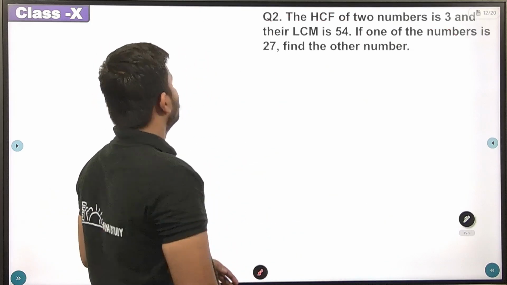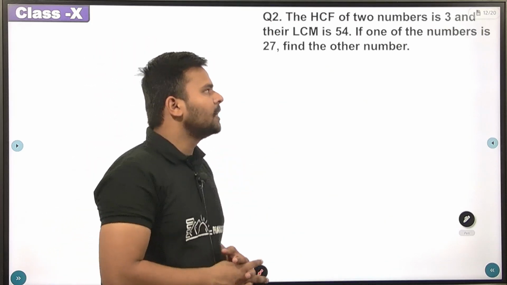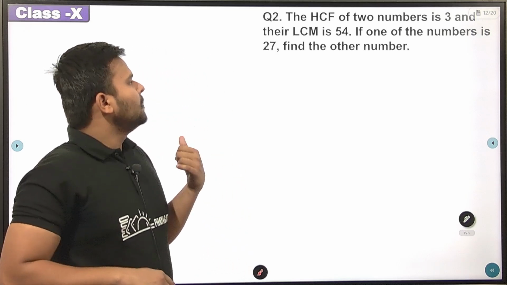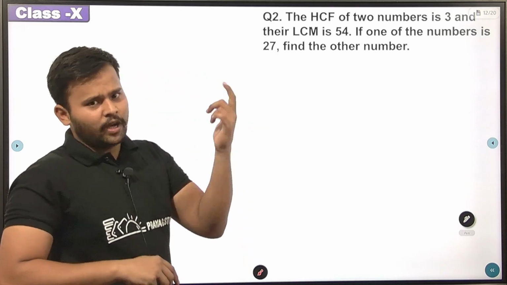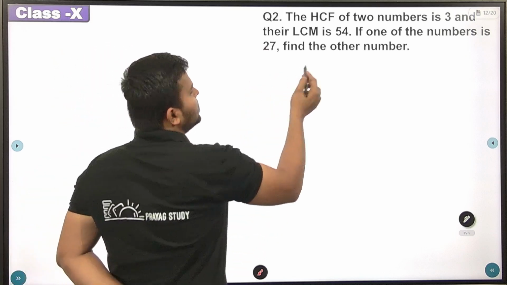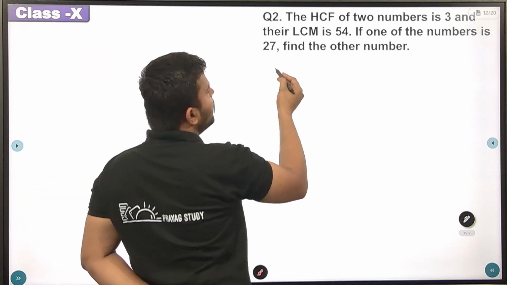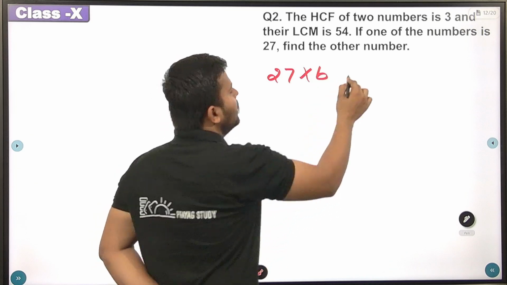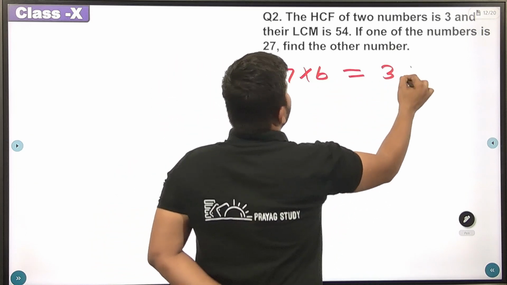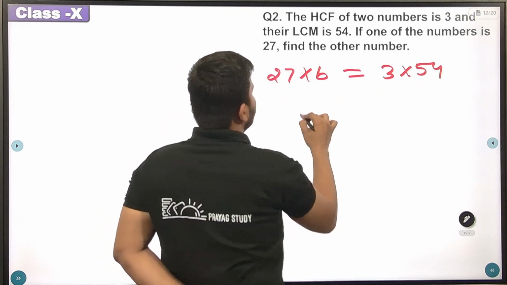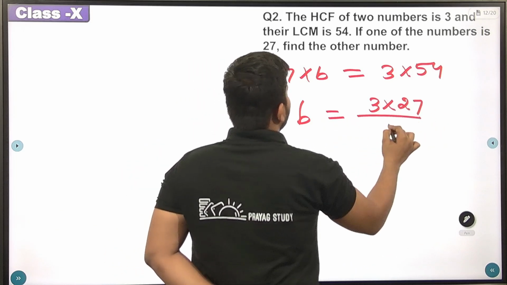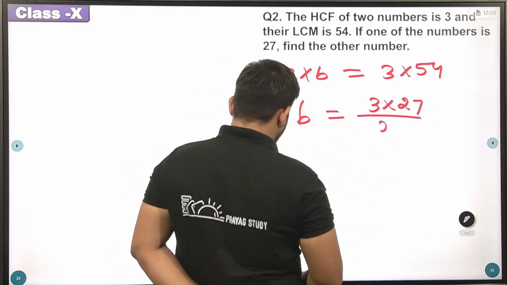Now the second question says the HCF of two numbers is 3 and their LCM is 54. If one of the numbers is 27, find the other number. Again you can easily solve this. HCF is 3, LCM is 54, one number is 27, you have to find the other number. So 27 into B will be equal to HCF into LCM. So you'll get B as 3 into 54 by 27, right?